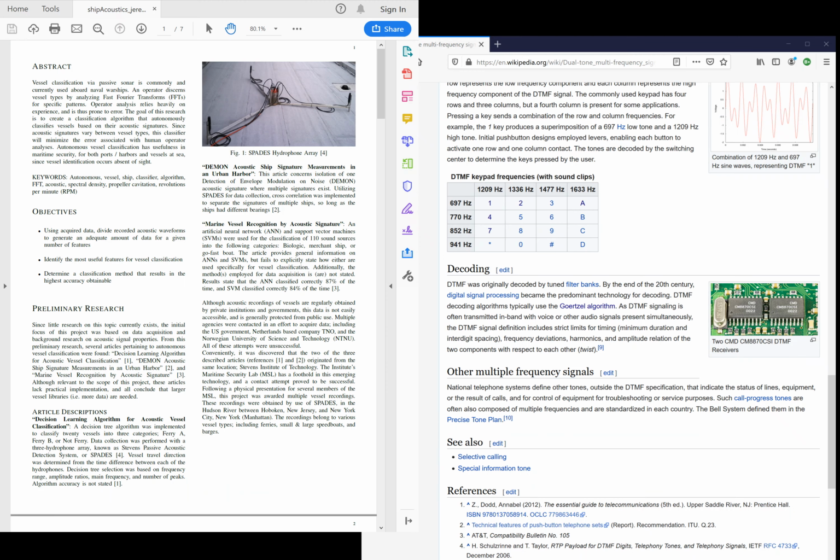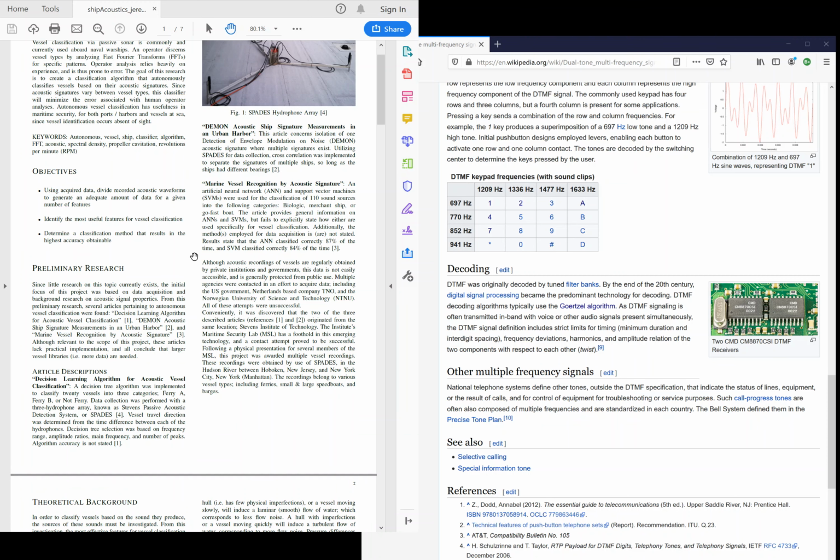All right. So in my next demonstration or application that I want to show you, this was some work that two students, Jeremy and Frank, did for me. They were working with me at Stevens Institute of Technology in New Jersey, and what they did was they deployed hydrophones, which are like microphones, into the water and recorded many different types of ships passing by and the noise that they made in the water.